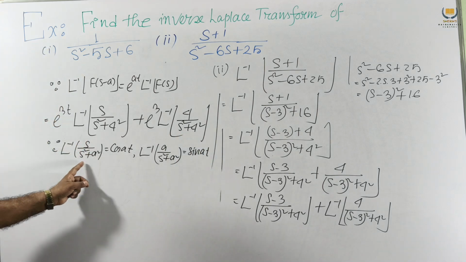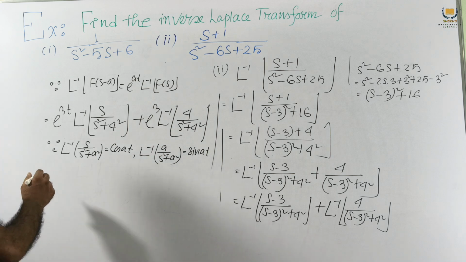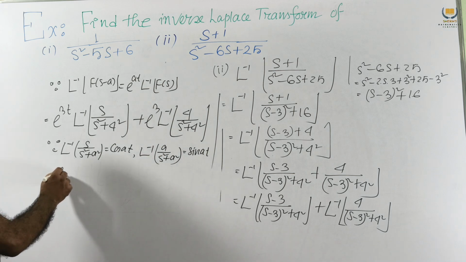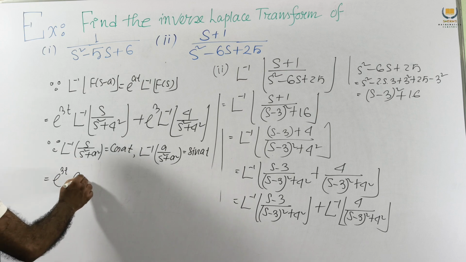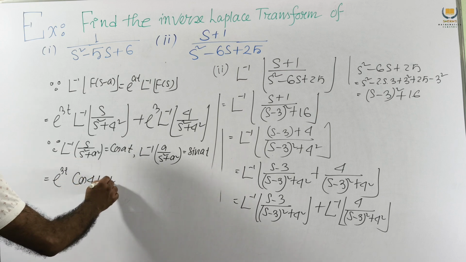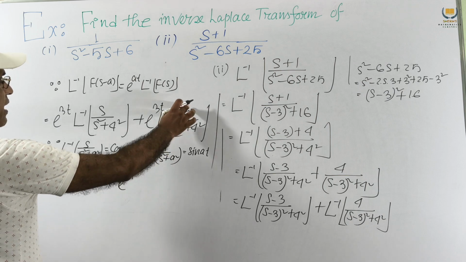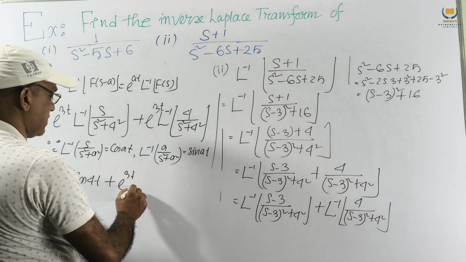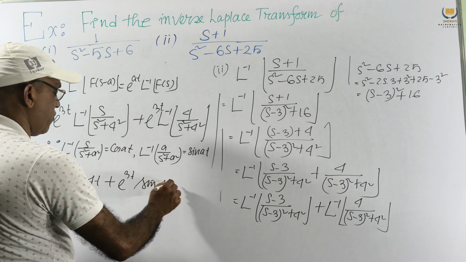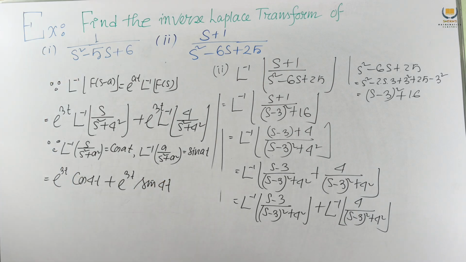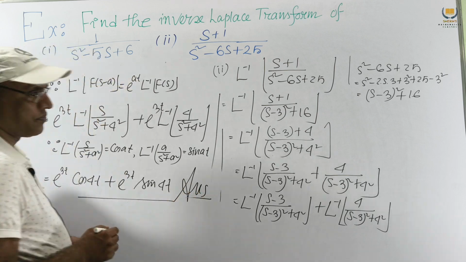So this will be e to the power 3t cos 4t, plus e to the power 3t sin 4t. This is our answer. Very nice solution, very easy also.